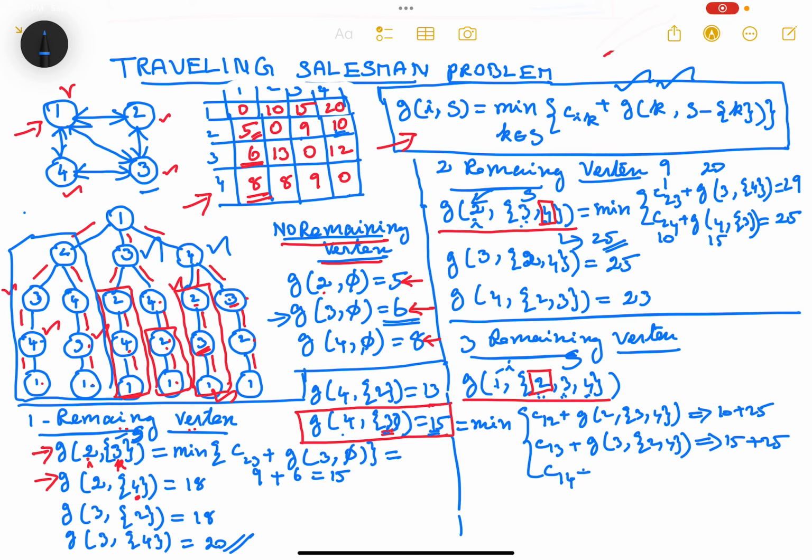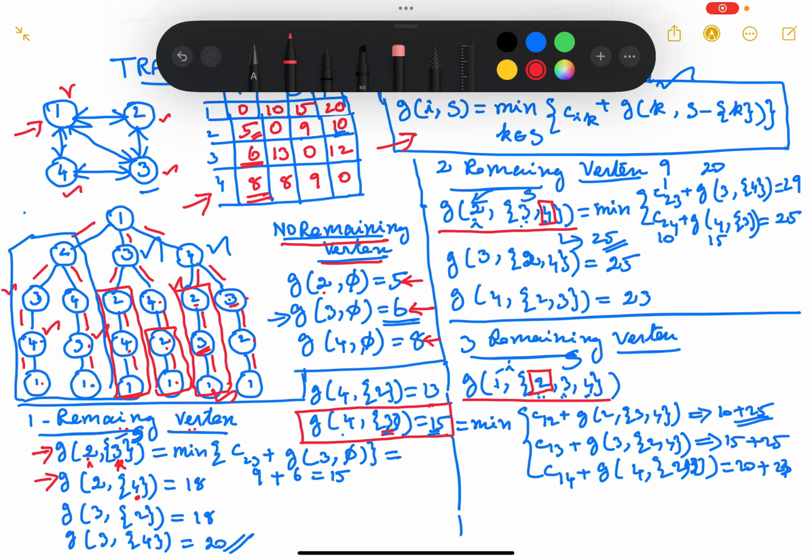So C14 plus G of 4 comma 2 comma 3. Okay, so which is equal to 20 plus 23. Which is minimum? 35 is minimum. Okay, so 35 is minimum.